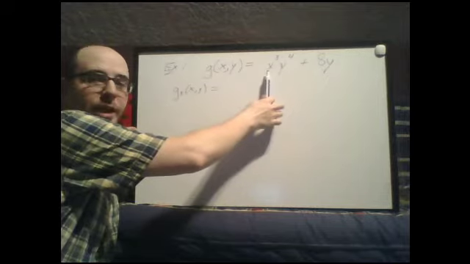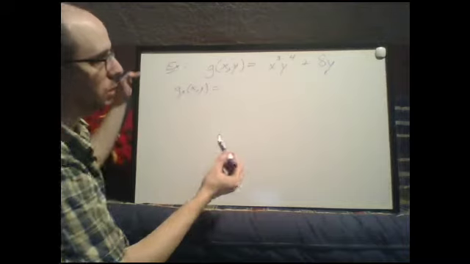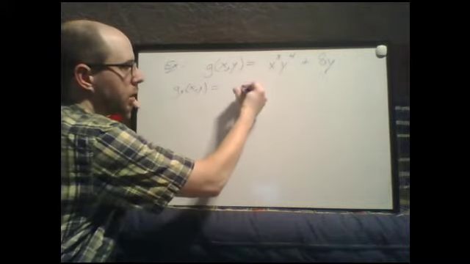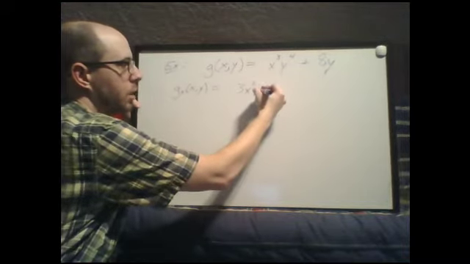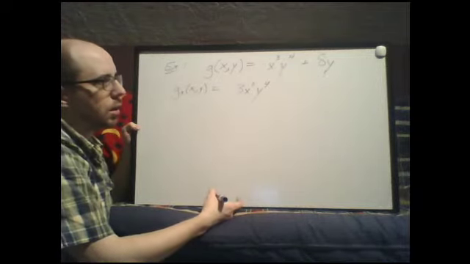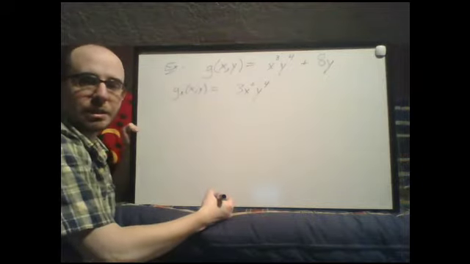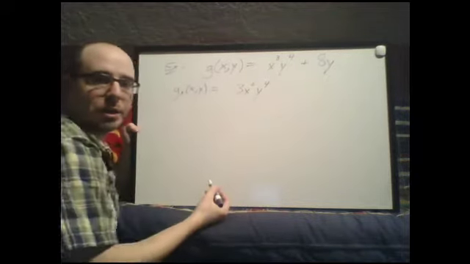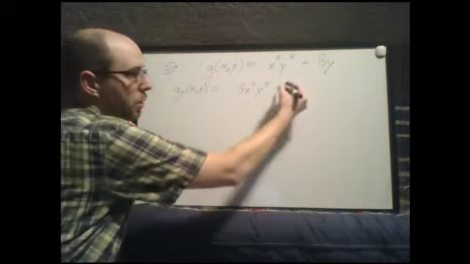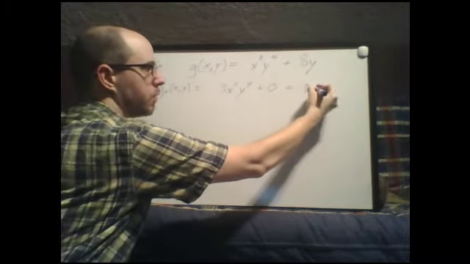I'm taking the derivative of the x part and keeping the existing constants that are already there. So I would get 3x squared y to the fourth. And then the plus 8y, that doesn't have any x's, so its derivative will just be 0. So 3x squared y to the fourth.